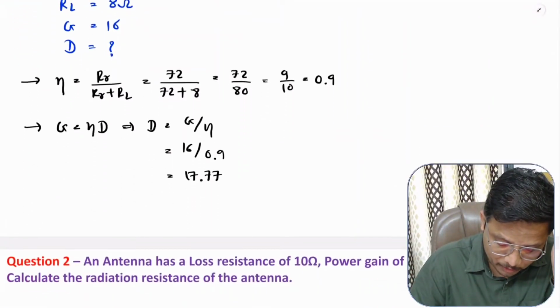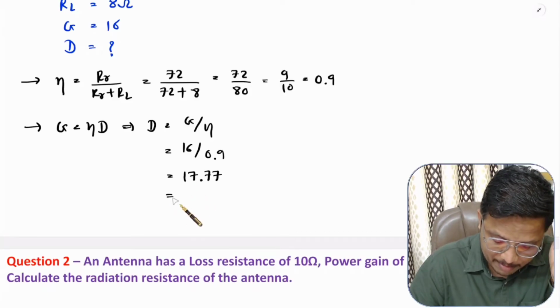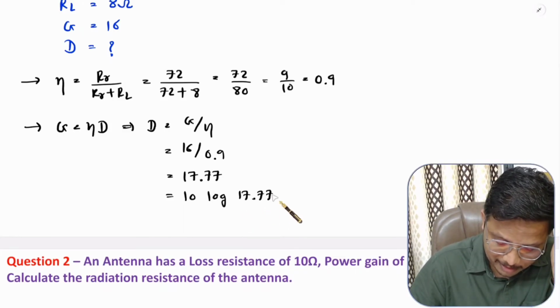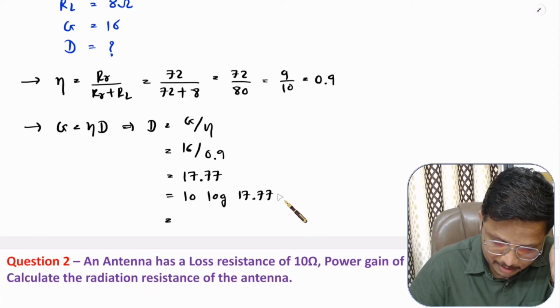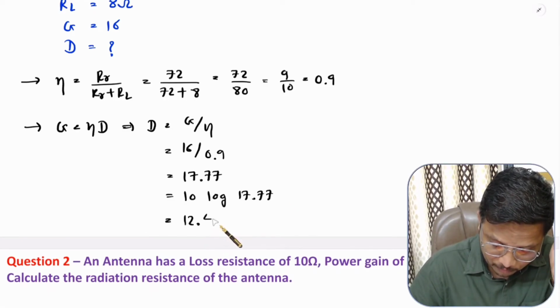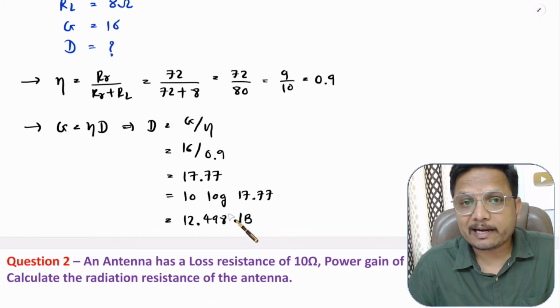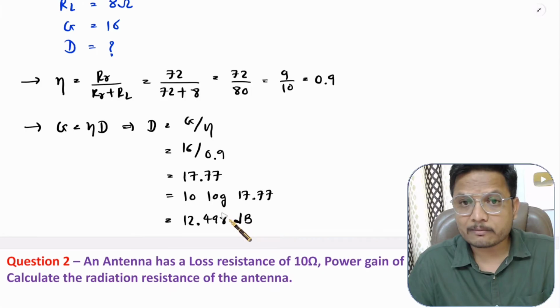And if you want this directivity in dB, then you have to calculate 10 log of 17.77, and that will be around 12.498 dB, right? That is how one can identify directivity based on radiation efficiency and gain.